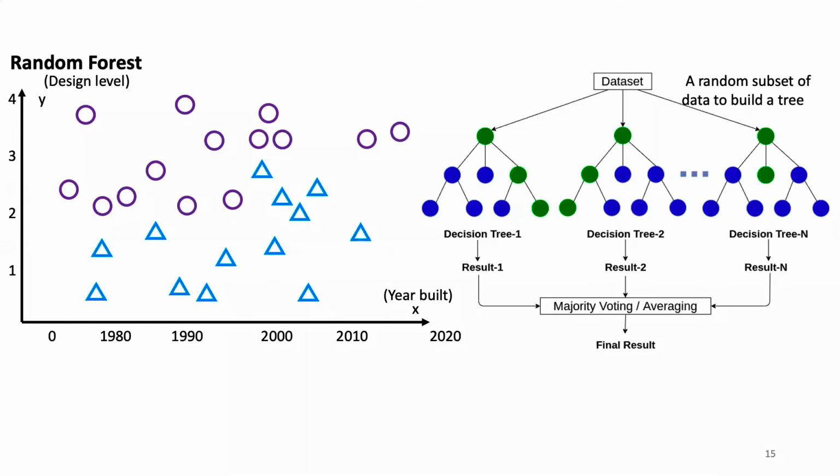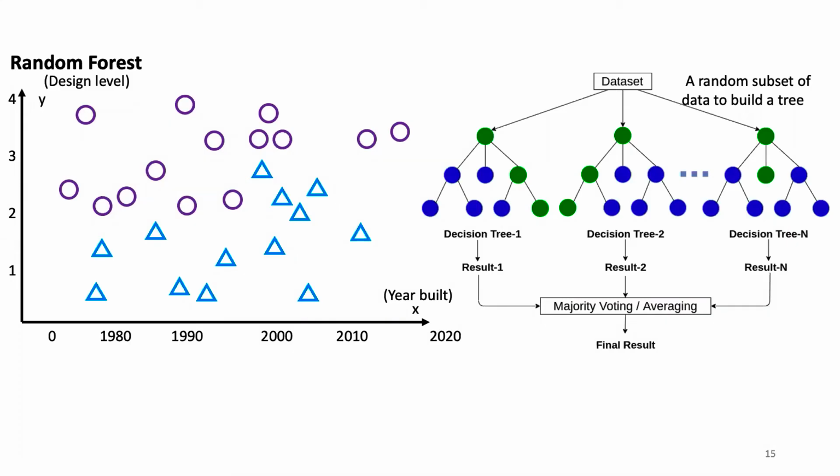Each individual tree in the random forest spits out a class prediction, and the class with the most votes becomes the model's final prediction, or you can also average these votes for the final prediction.